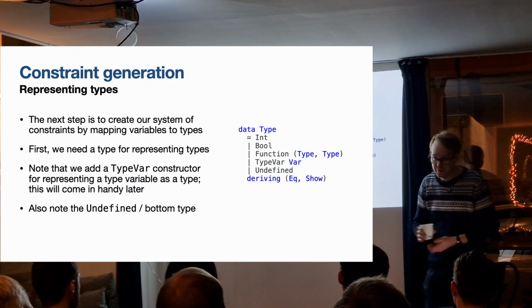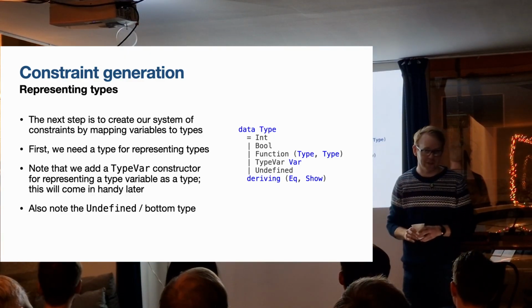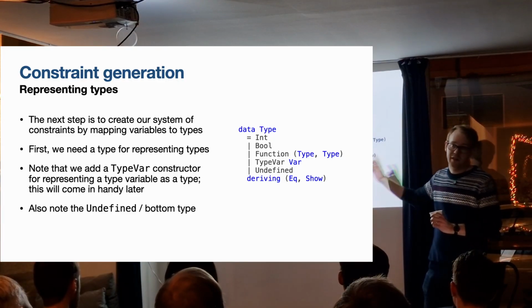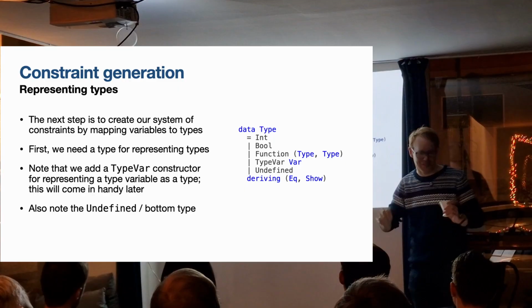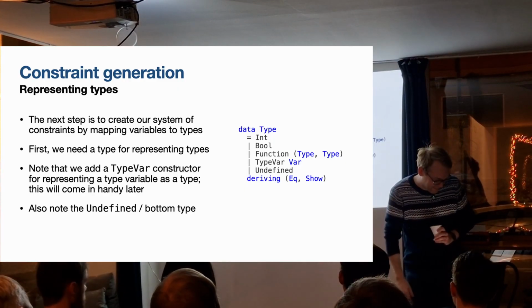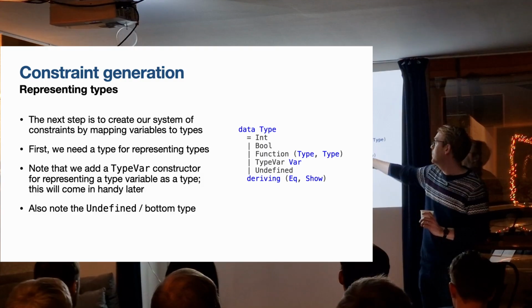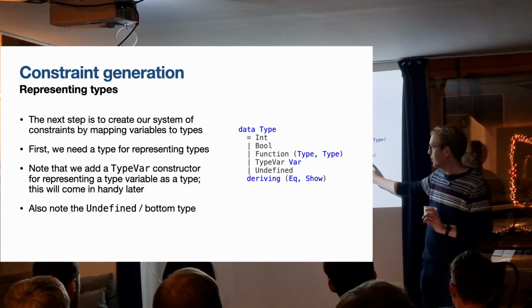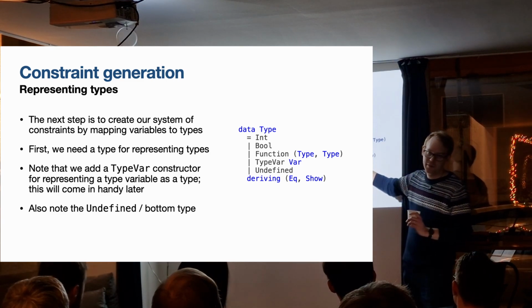Okay, so now we've come to the second step, which is to generate constraints. The first thing we do is extend our types with a new type. Now we get into this meta stuff again. The type has 5 constructors for ints, bools, functions, and a special one, type vars.